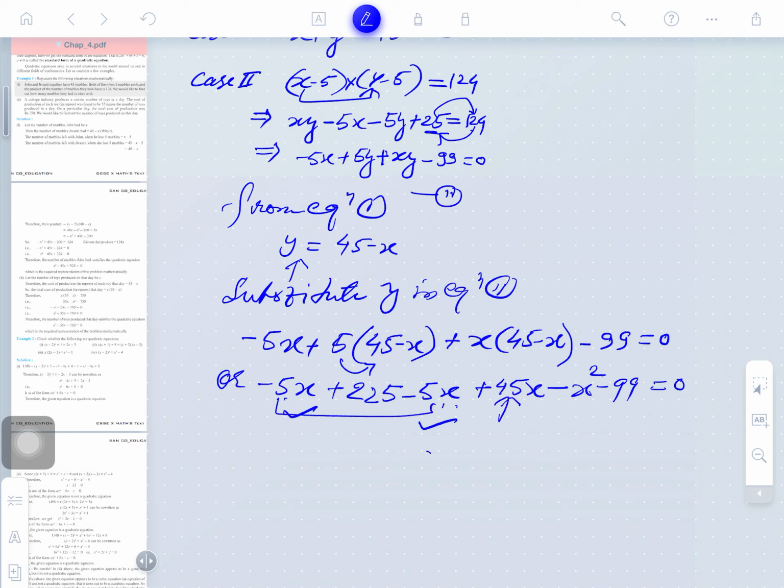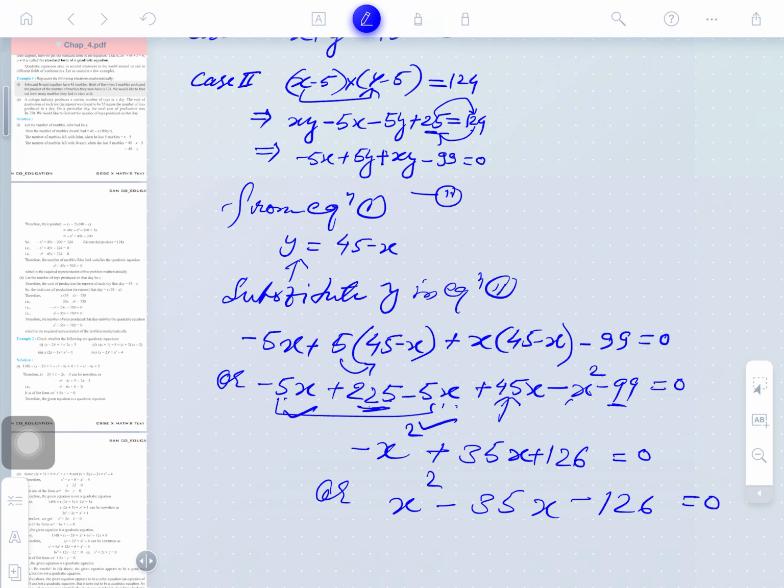So, minus 10x plus 45, so plus 35x only, okay, and x into x is written as x square, and it's 225 minus 99, so 126, is equal to 0. So, you may see this expression can also be written minus 35x and minus 126 is equal to 0.